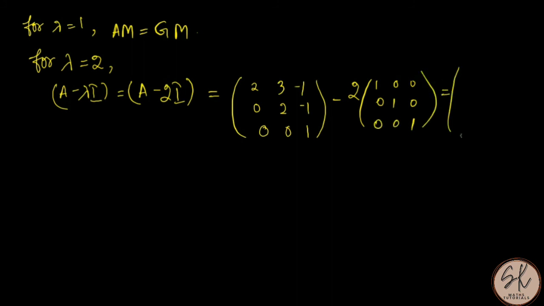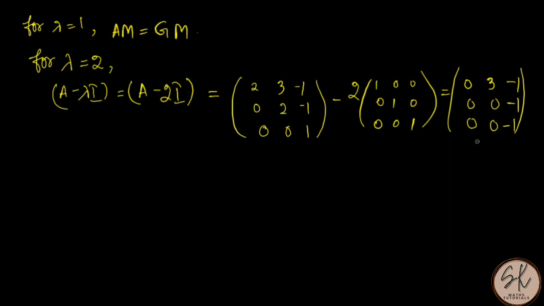So we will get 2 minus 2, 0, and 3, minus 1, then 0, 0, minus 1, and 0, 0, 1 minus 2, which is minus 1. This is what we got.